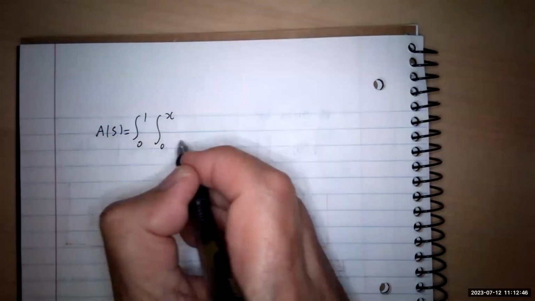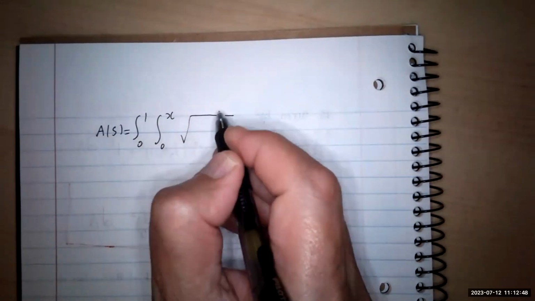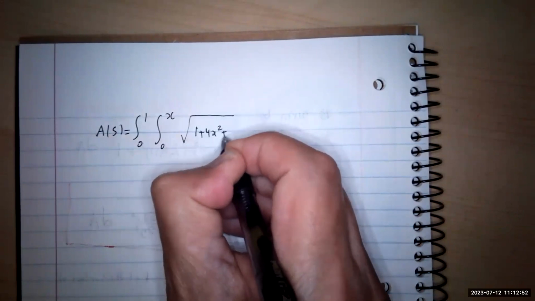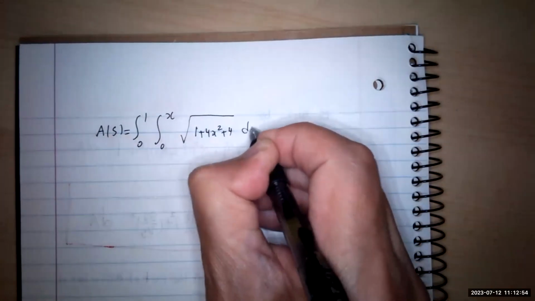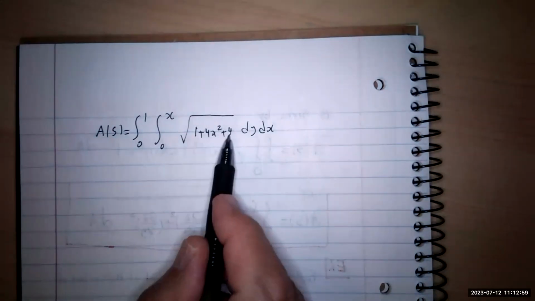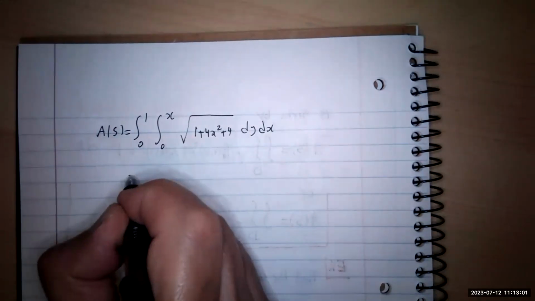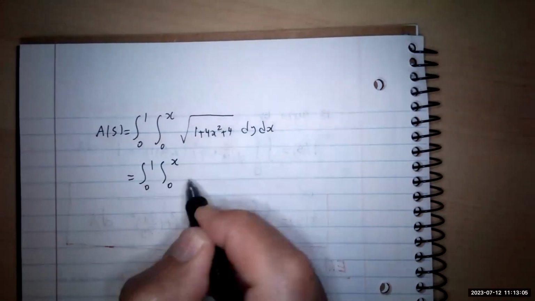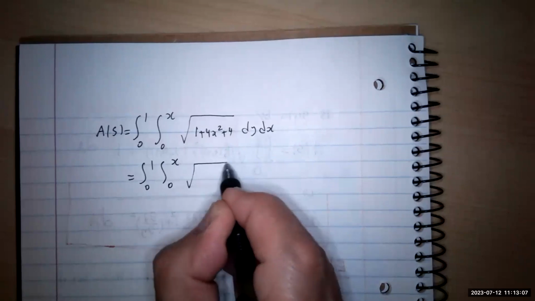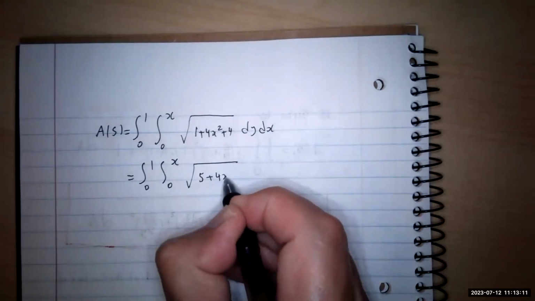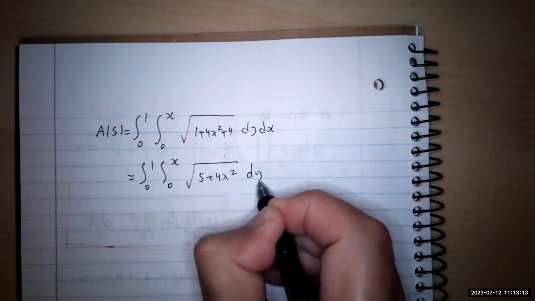We did have a 2x squared, which makes it 1 plus 4x squared, and the 2 squared is 4, and then there is dy dx. So 4 and 1 would be 5. That gives an integral from 0 to 1, 0 to x, of the square root of 5 plus 4x squared, dy dx.